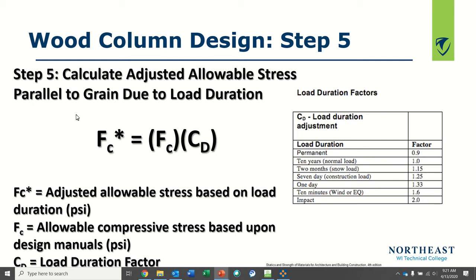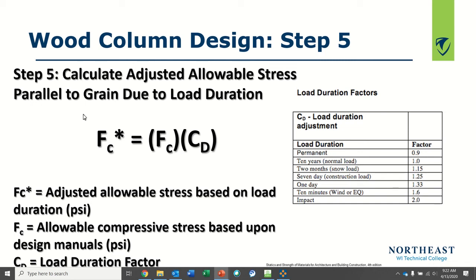So, F prime C equals FC, or F allowable, times CD. For a permanent load, if it's a column, we're going to say CD equals 0.9, worst case scenario.